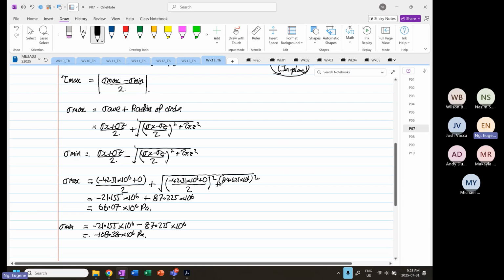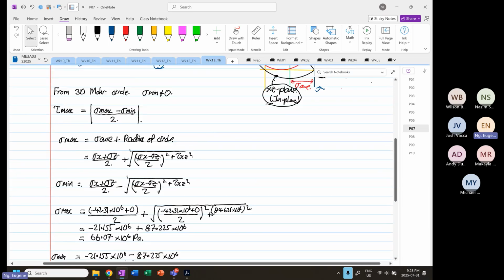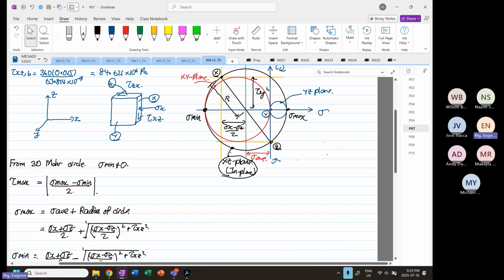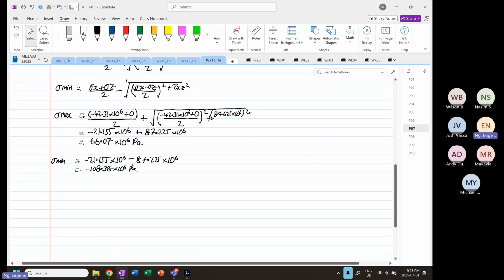So now we have our two points down here, stress mean and stress max. If we look back into our formula, we know what is our stress allowable, right?